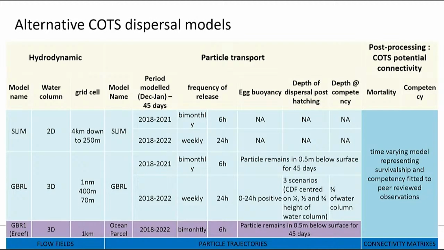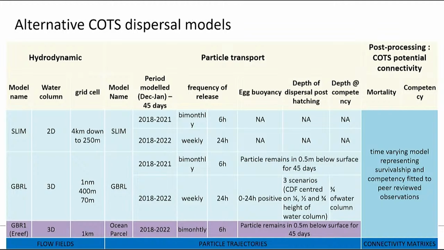And so what we did is, we went a bit overboard, I have to admit. We went with 3 different hydrodynamical models. These 3 models have been validated for the Great Barrier Reef. They've been used, they've been published. What varies between them is a lot about the resolution, but also about the way they're represented.